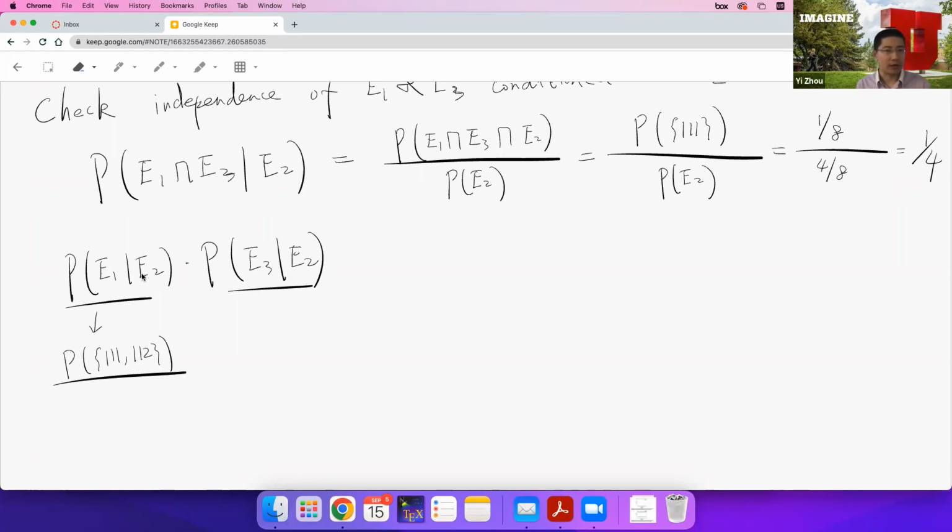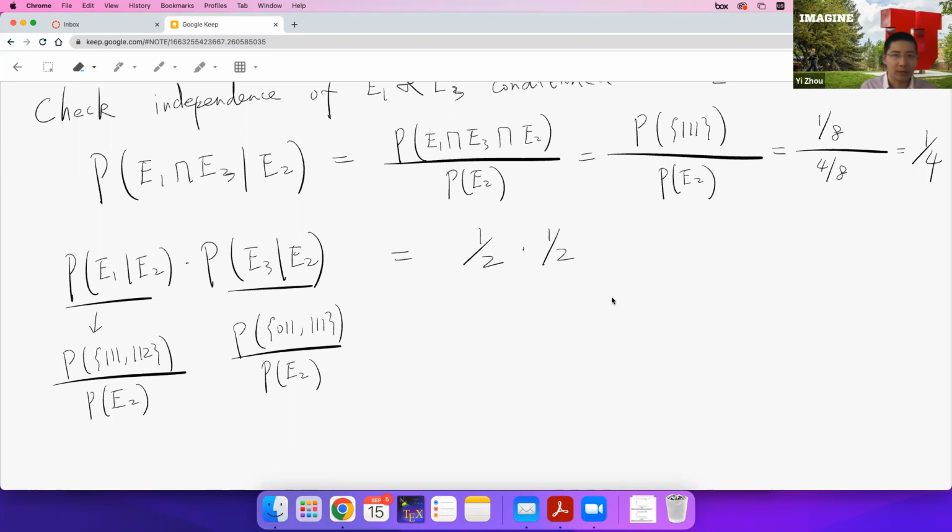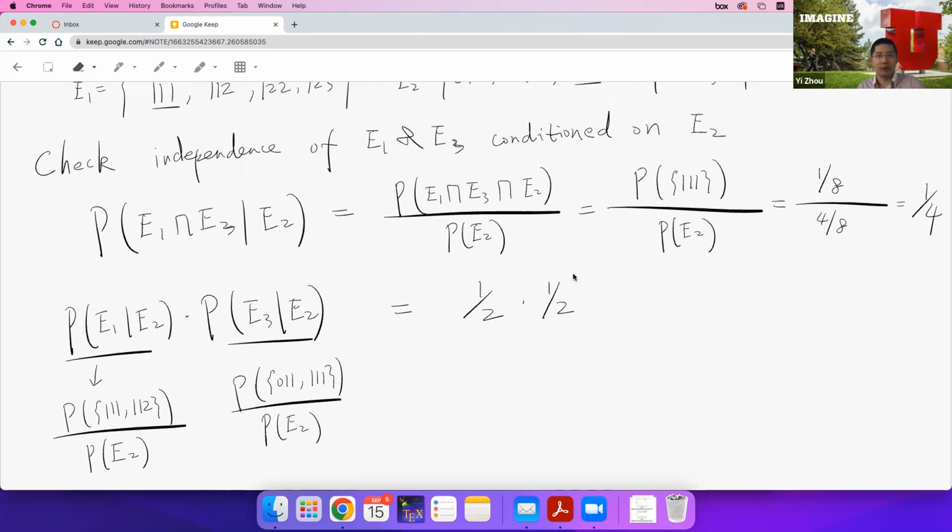Once you take the intersection of the two, you get this one, and then you need to divide it by the probability of the conditioning event. After calculation, you can verify that both of them are 1/2. So in this case, these two are equivalent.